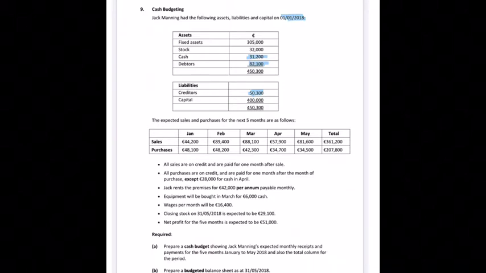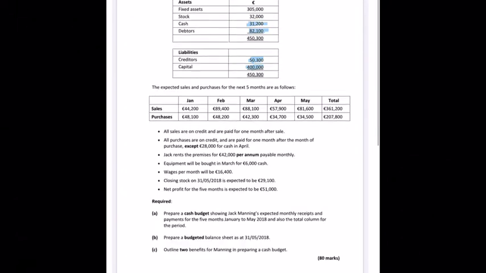So we owe 50,300 to our suppliers from last year, so we have to pay that in January. The capital figure, the 400,000, will go into our balance sheet as our capital when we have to do our balance sheet as part of this question.